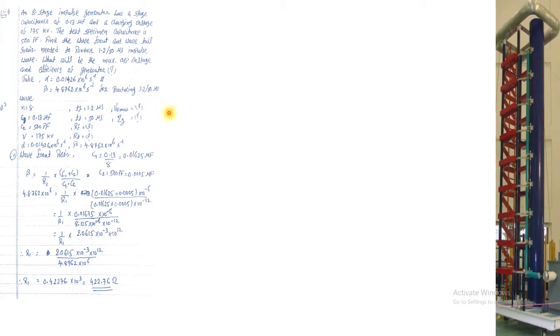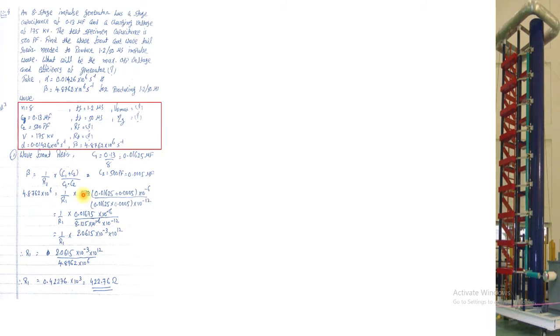So if you have alpha and beta values, we cannot go directly with the circuit equations. Here the procedure is somewhat different. So you have a new flavor to determine the wavefront and wave tail resistances when you have alpha and beta values.